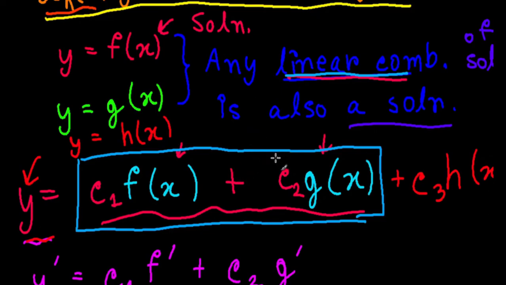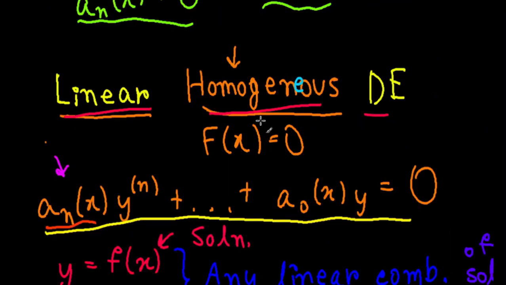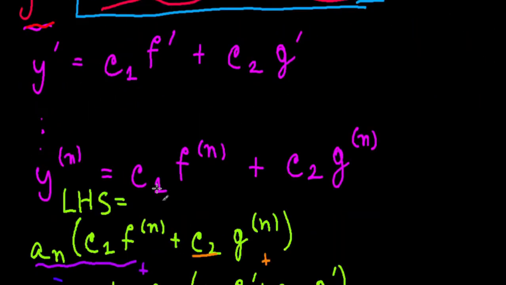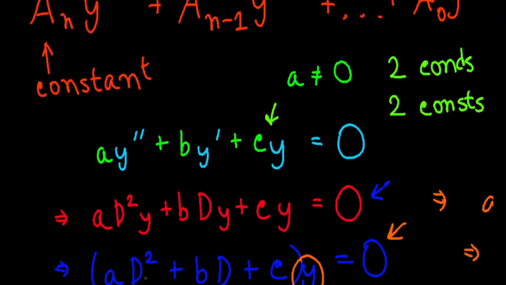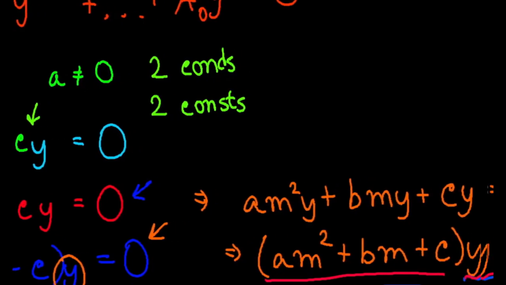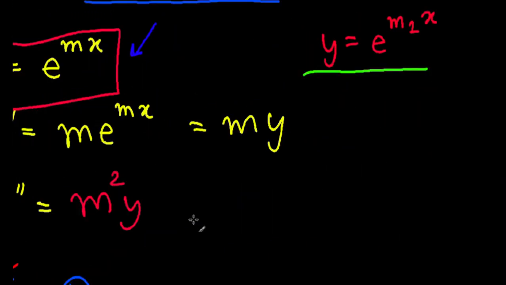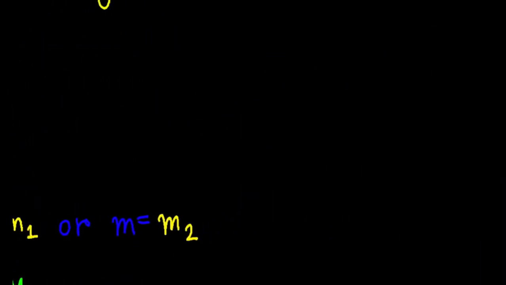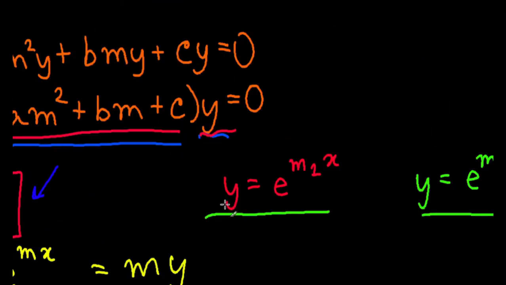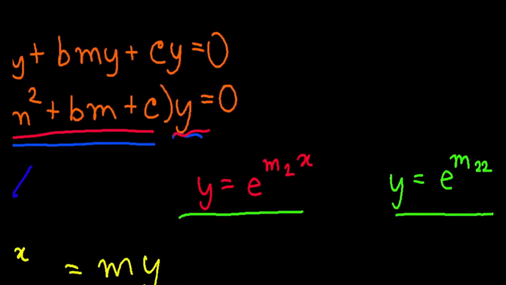So any linear combination of my solution functions is also going to be a solution. We proved that theorem for linear homogeneous equations, and this one has constant coefficients, so an even narrower class. So this should be valid here.